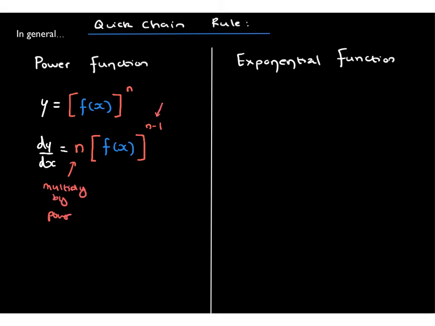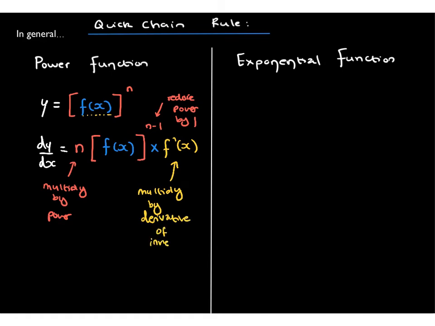We then reduce the power by 1. And of course we have to multiply by the derivative of the inner function. So we need to multiply by f dash x. And that's how we differentiate using the quick chain rule for any type of power function.